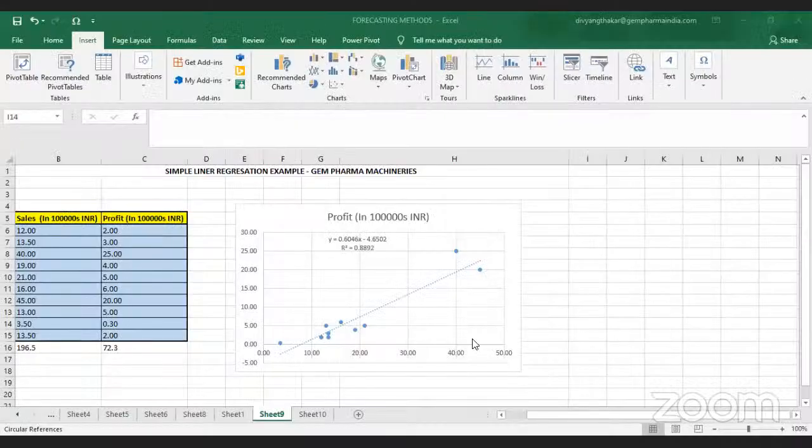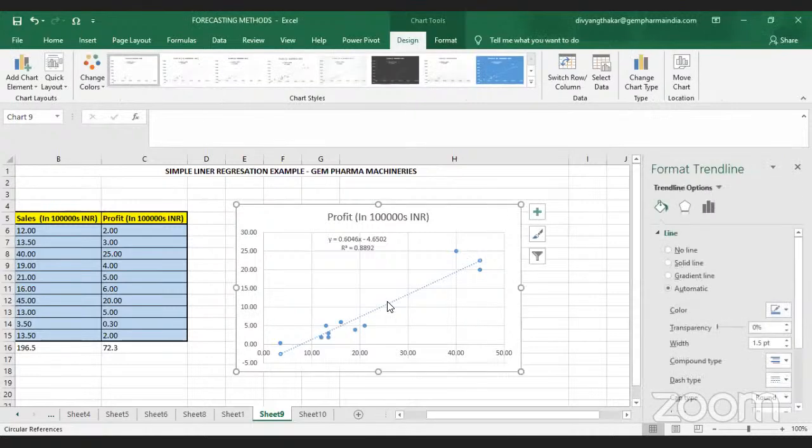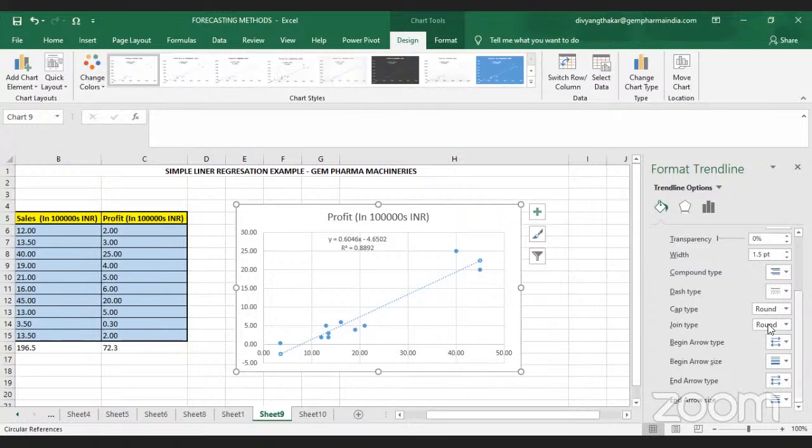So I have prepared this layout for the example, and I would like to show it here. First of all, we have to create a trendline, format the trendline, then derive the intercept, R square, and y.